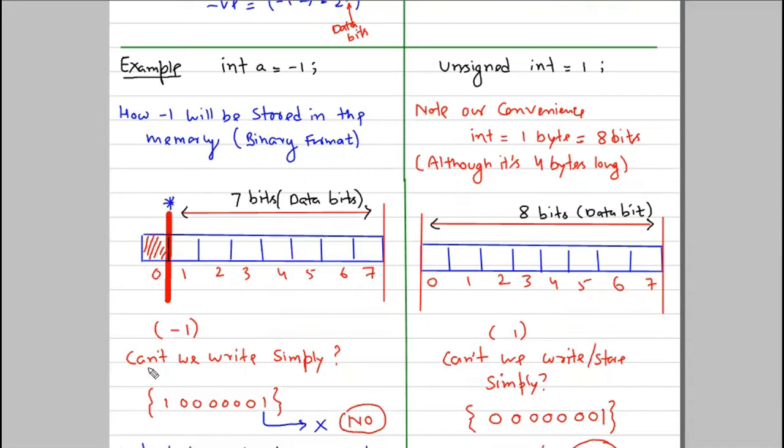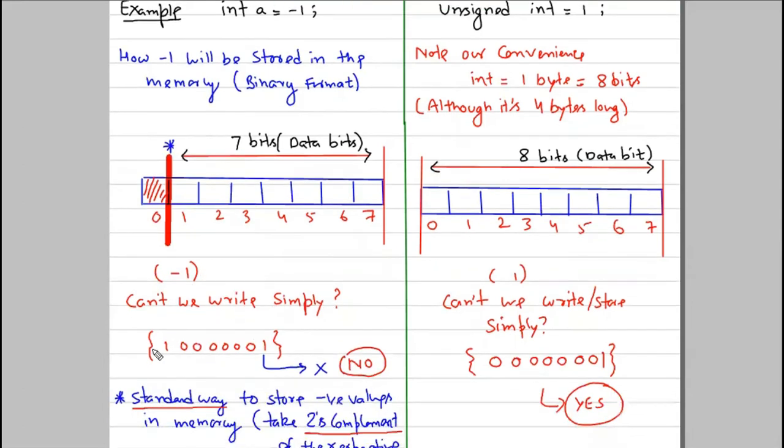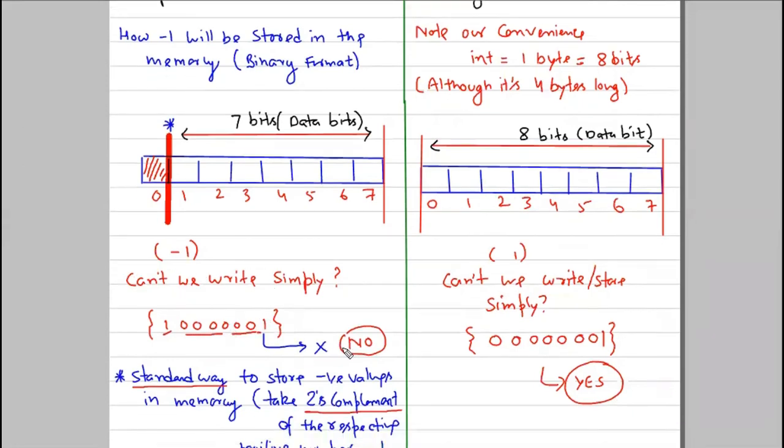So minus 1 cannot be written simply like this, as minus 1, because this 1 bit will represent the minus value. Definitely it is true. But if we simply write this is the 1, can we say that this is representing minus and this is representing 1? Is it not a perfect way? No, the computer cannot understand this.